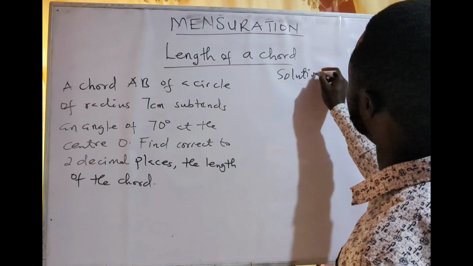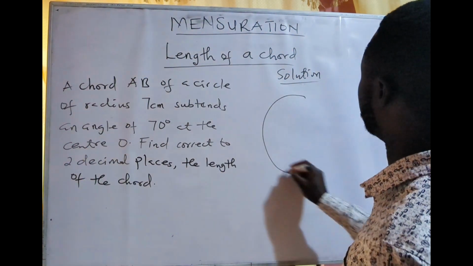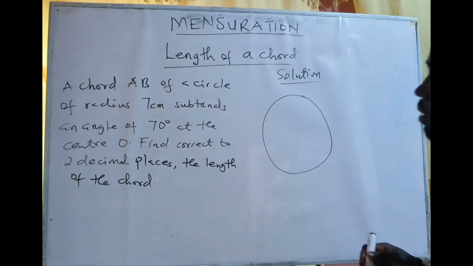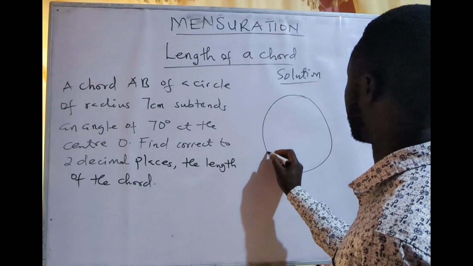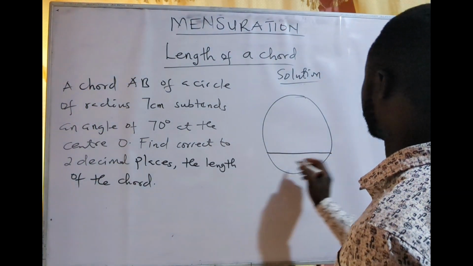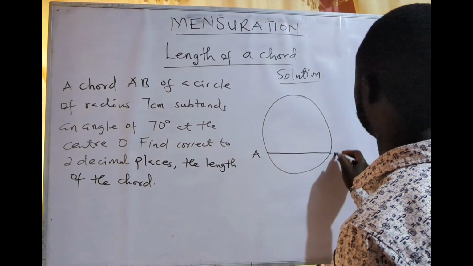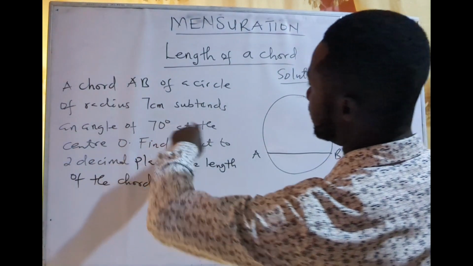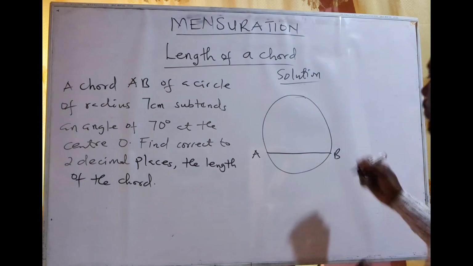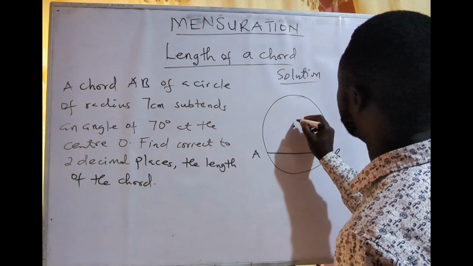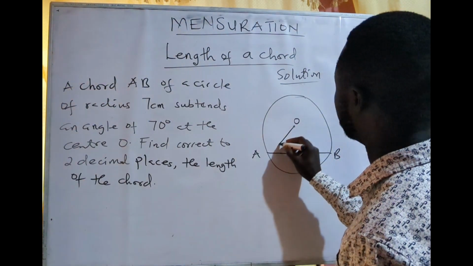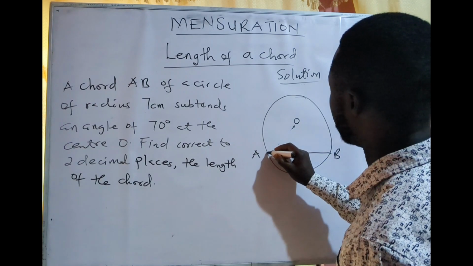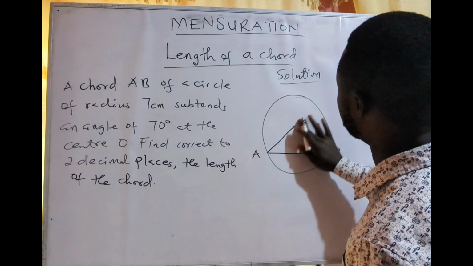Okay, so let's solve. You draw your circle nicely. A chord AB, so you draw your chord. So this is my chord AB. The chord AB of radius 7 subtends an angle of 70 at the center. So let's say this is my center, and then I'll join to the center to get my radius.